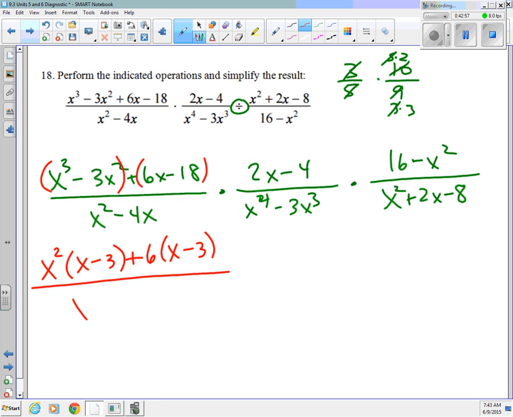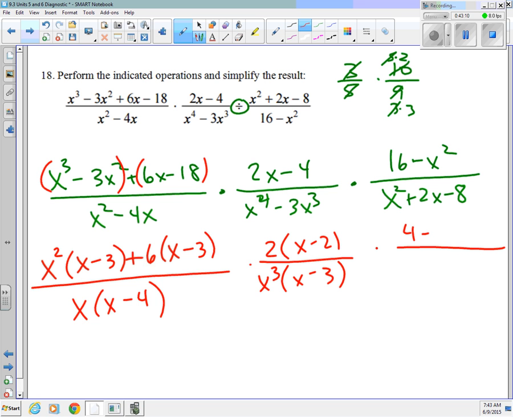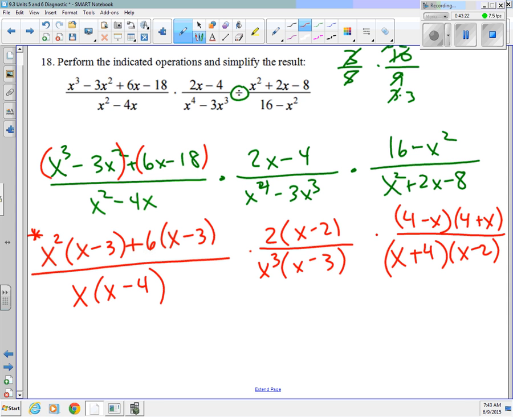Over, on the bottom, I can factor out an x. We'll come back to this guy on the top first. So I have 2 times x minus 2 over x cubed times x minus 3. And then I have 4 minus x times 4 plus x over x plus 4 times x minus 2. And I'm going fast here because this is stuff you guys should be able to knock out pretty quickly. On the top over here, we still have to factor out the x minus 3.